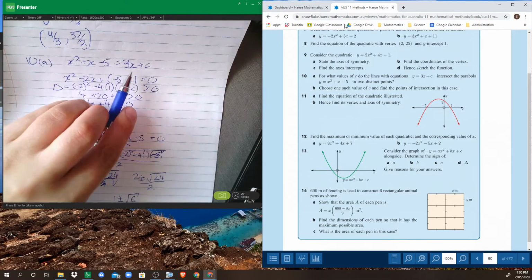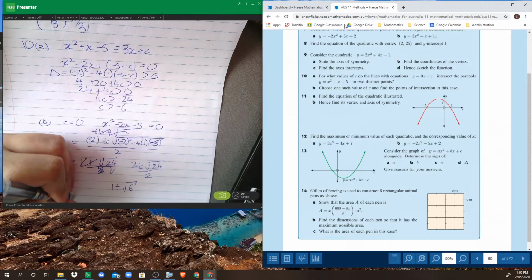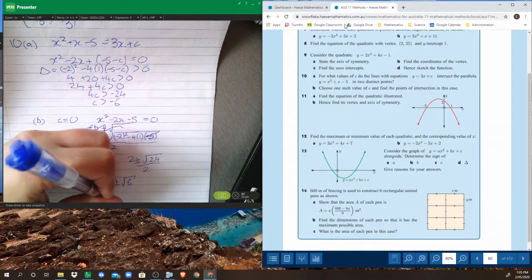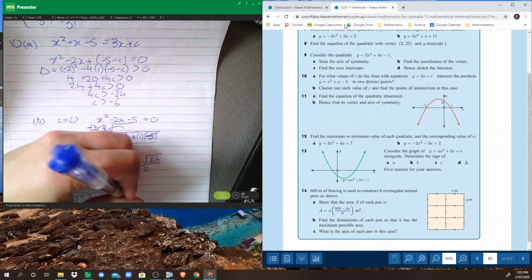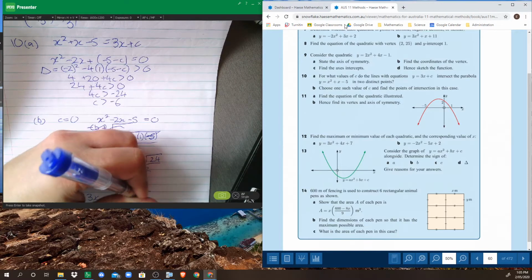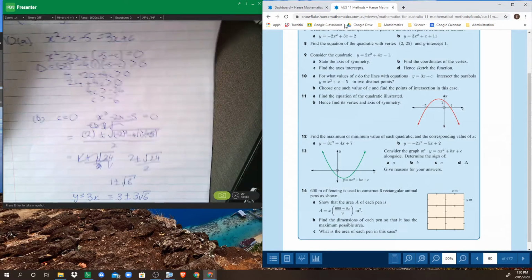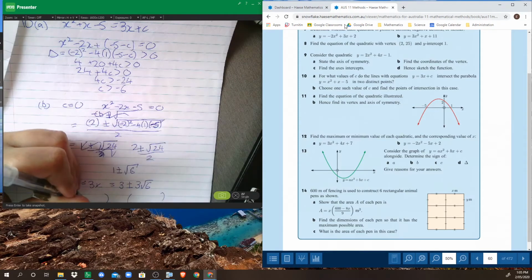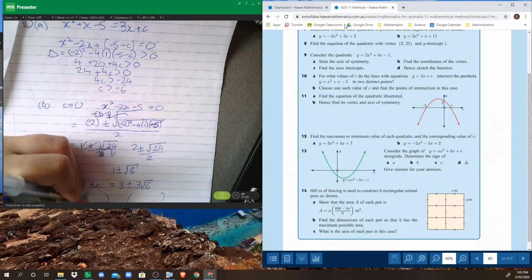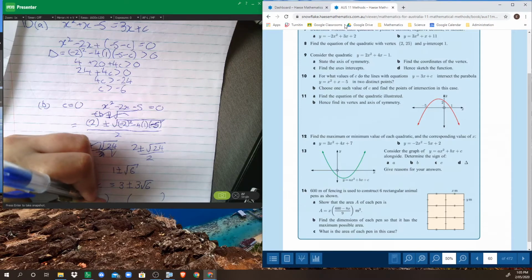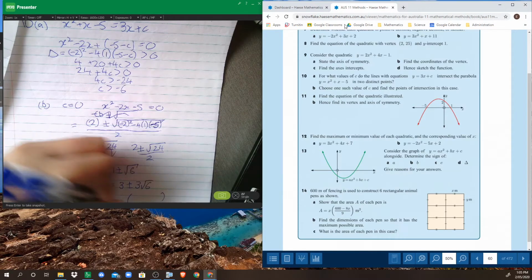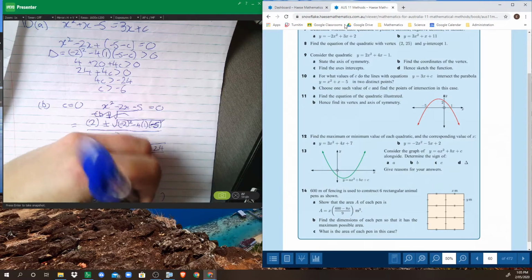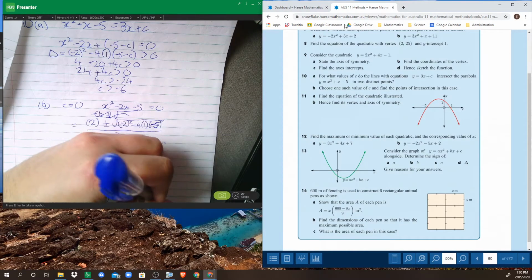And now if I substitute back into the linear equation, so remember it's kind of y equals 3x because you let c equals 0, then y equals 3 times this. Then that's it, so now we've got the coordinates essentially. The coordinates are 1 plus root 6, comma 3 plus 3 root 6, and 1 minus root 6, comma 3 minus 3 root 6.